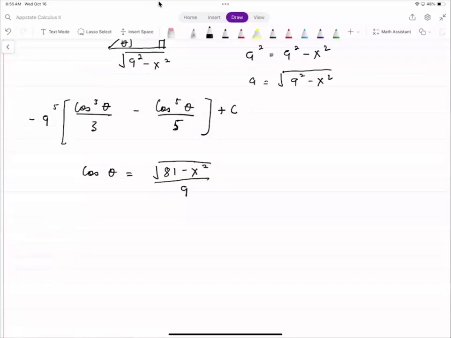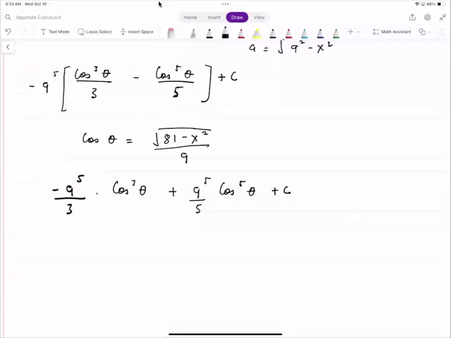So if we expand, we are going to get minus 9 to the fifth divided by 3 times cos cubed theta plus 9 to the fifth divided by 5 cos to the fifth of theta plus c.